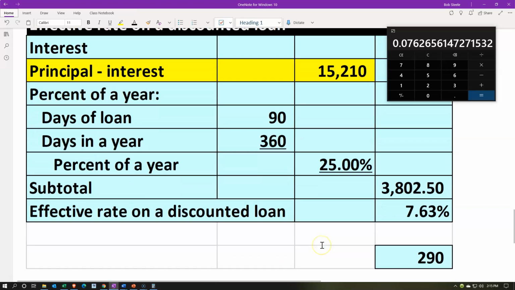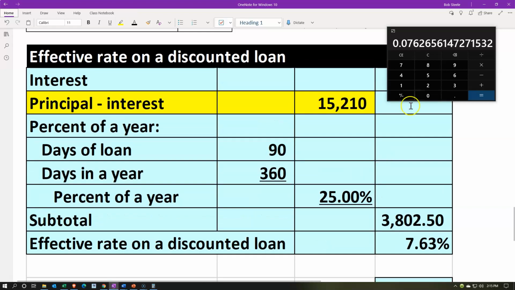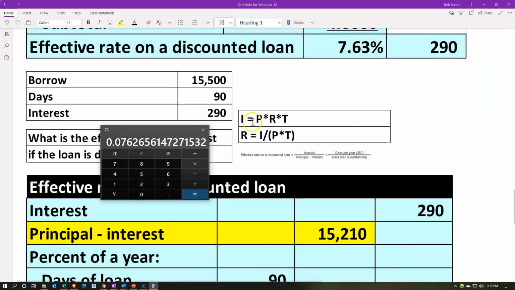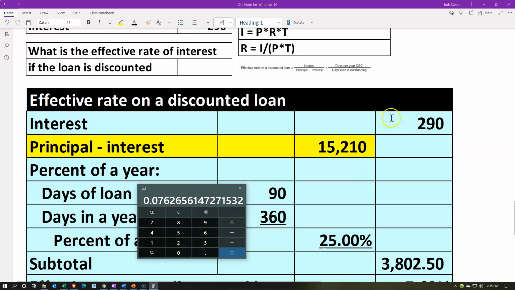7.62%, about 7.62%. Now, if we wanted to recalculate this, let me plug it back into this formula: I equals P times R times T. Interest equals principal or loan times the rate, yearly rate, times the fraction of the year, time. And just see if we get back to that 290.